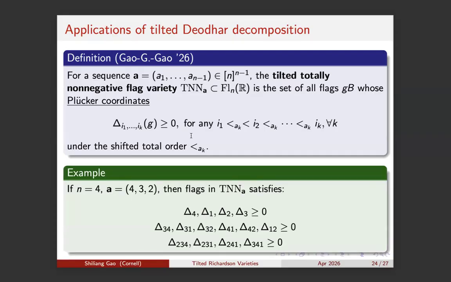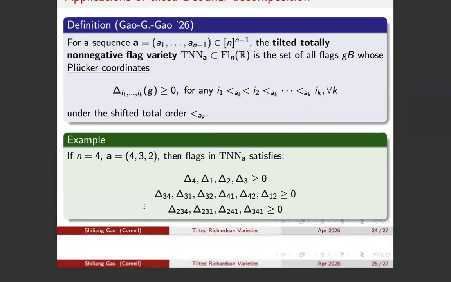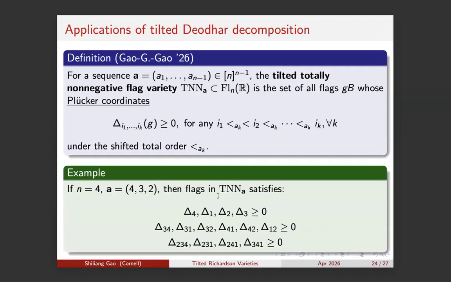So for example, if A is the sequence 4, 3, 2, then the flags in this tilted totally non-negative flag variety will have delta 1, delta 2, delta 3, delta 4 all non-negative. And for two-element sets, now we're thinking of 3 as the smallest.